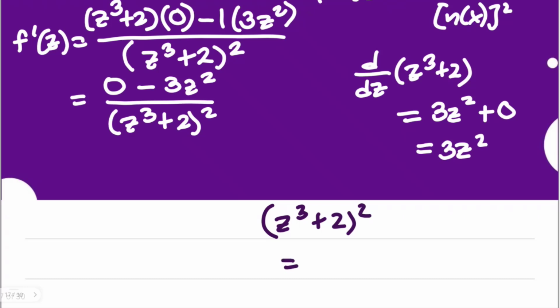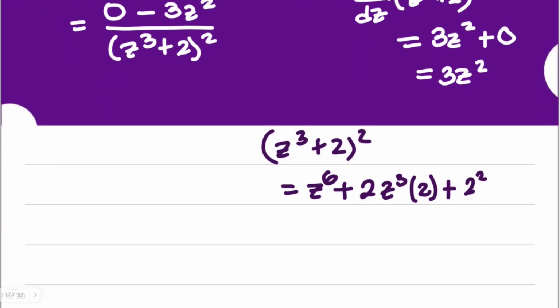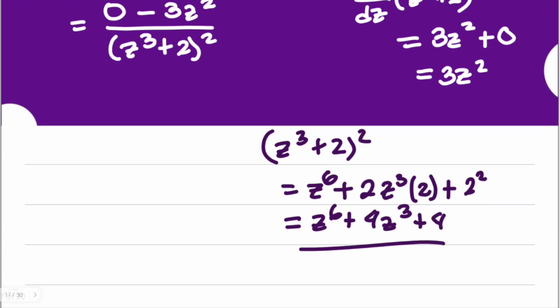So the square of the first term, that's z to the power of 6, plus twice z cubed times 2, and then plus the square of your last term. So z to the power of 6 plus 4z cubed, and then plus 4. So that is our equivalent form for the denominator.